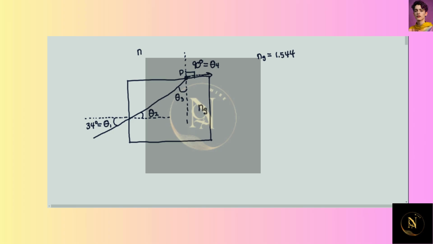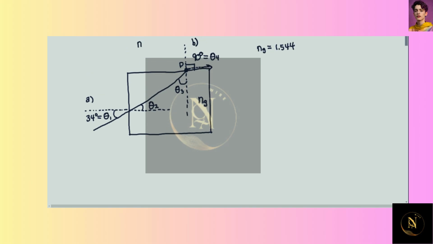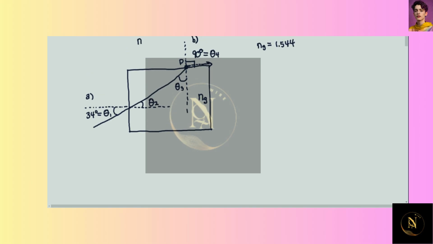All right, so we pretty much have all the essentials. Since there are two incidences in this case, we would name this incident A, and this would be incident B. Let's start at incident A. So as usual, we would use Snell's law on this.